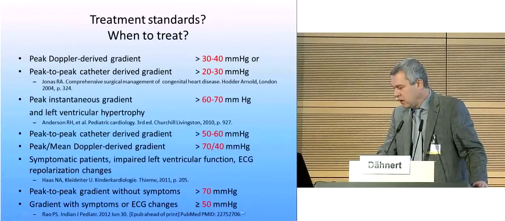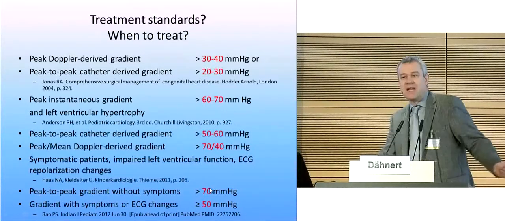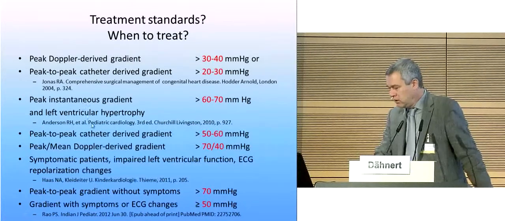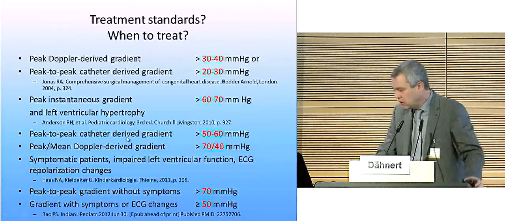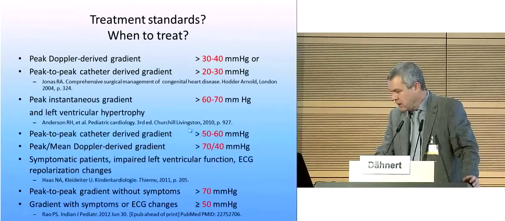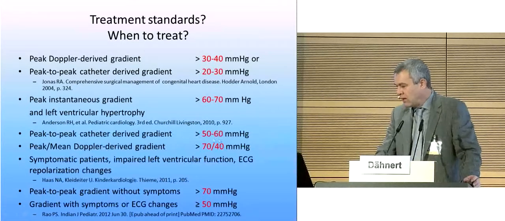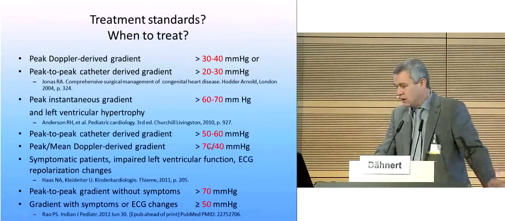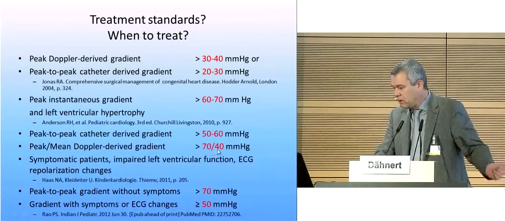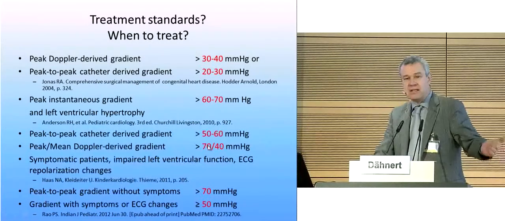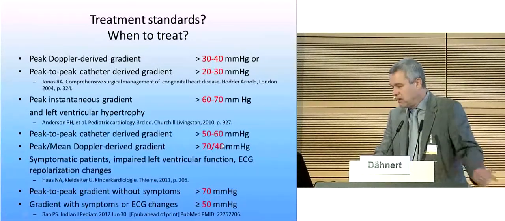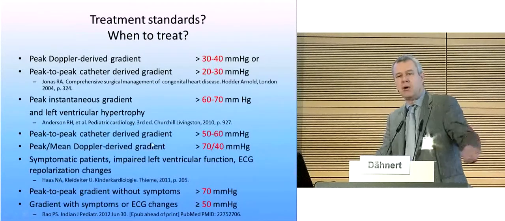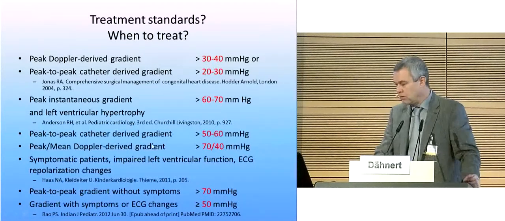Others say the gradient should be at least 70 millimeters of mercury. The newest German textbook by Nick Haas says peak-to-peak catheter-derived 50 or 60, and the mean or peak Doppler-derived gradient, peak 70 and mean 40. Or the patient has to be symptomatic, and what has to be the gradient in the symptomatic patient?